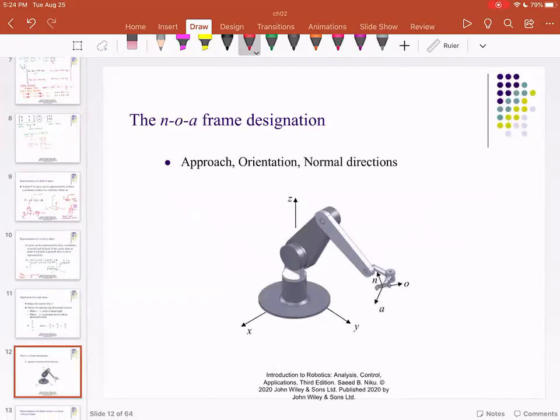Now let's talk about the different frames that we encounter when we study robotics.